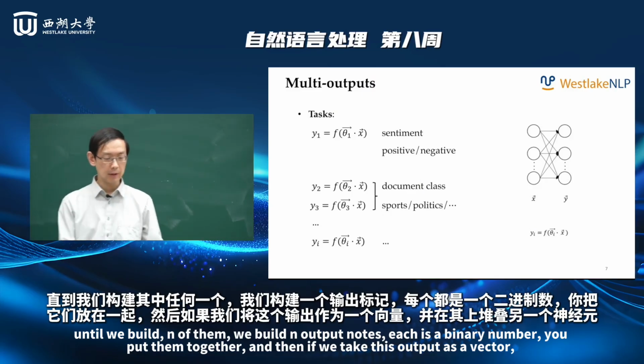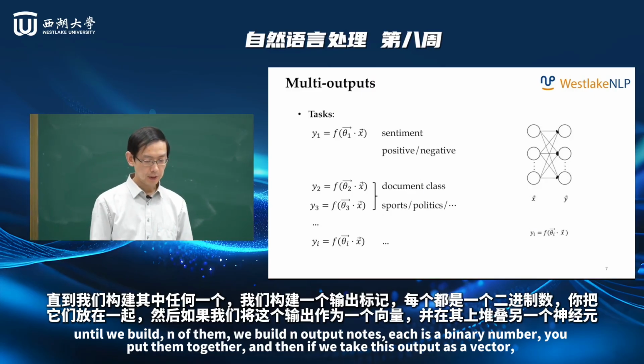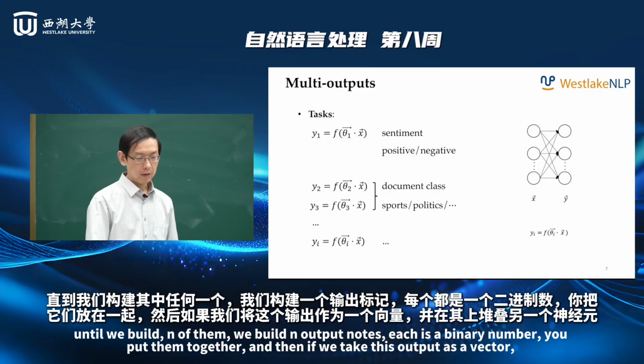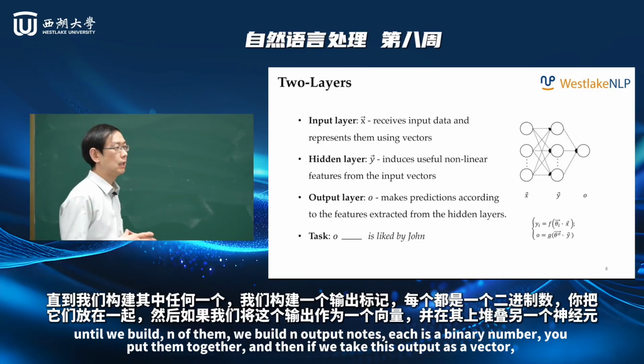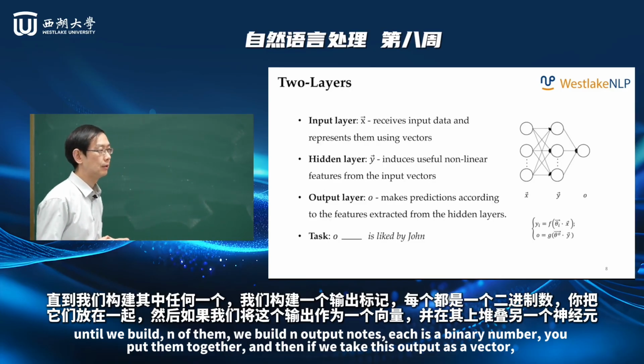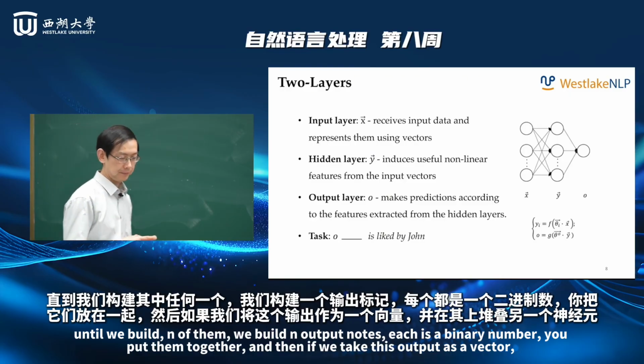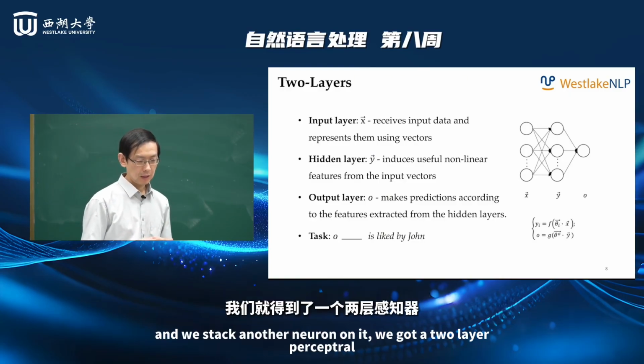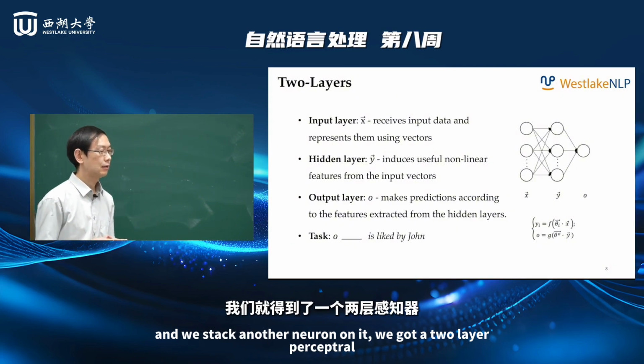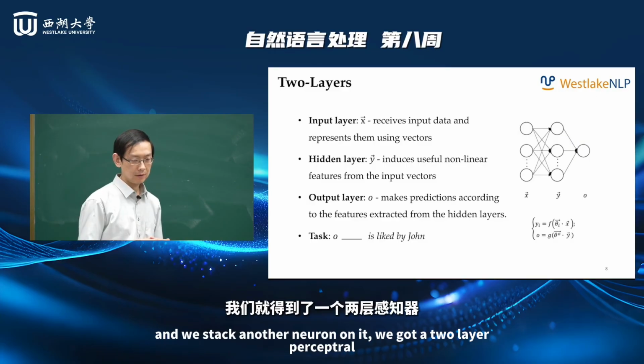So each is a binary number. We put them together. And then if we take this output as a vector, and we stack another neuron on it, we got a 2-layer perceptron.